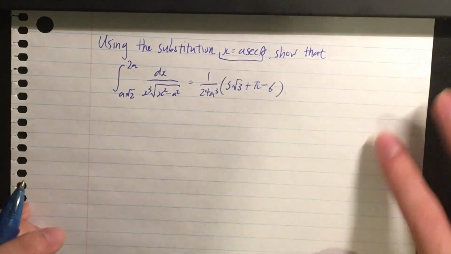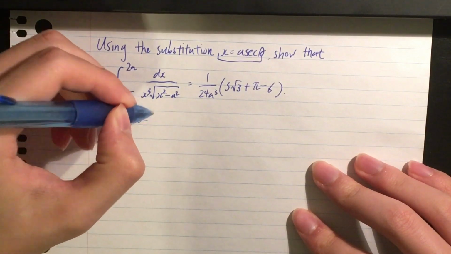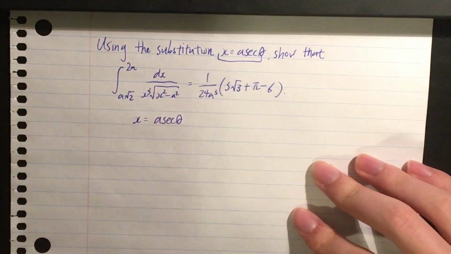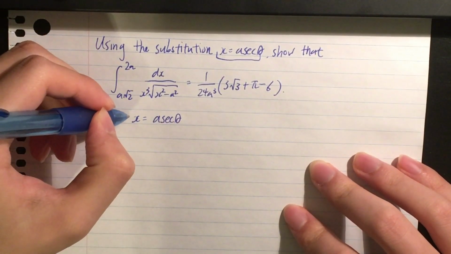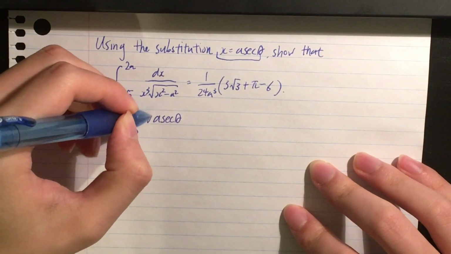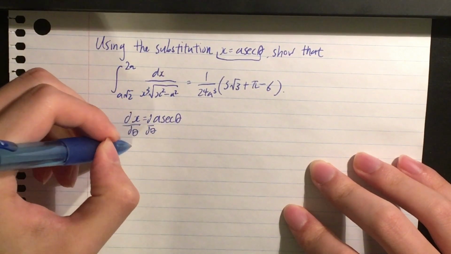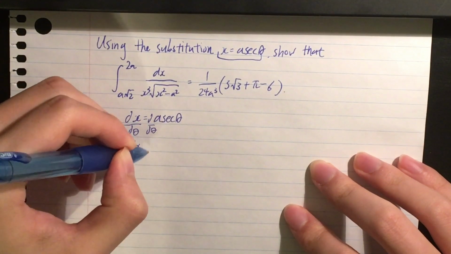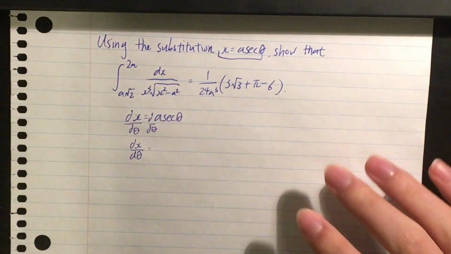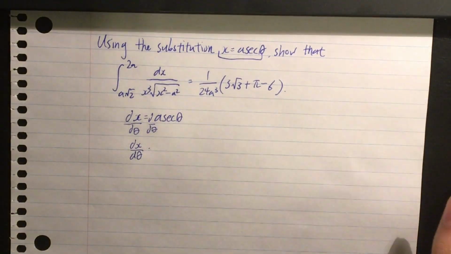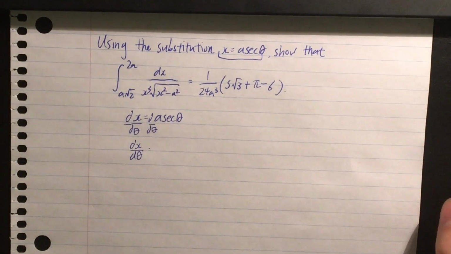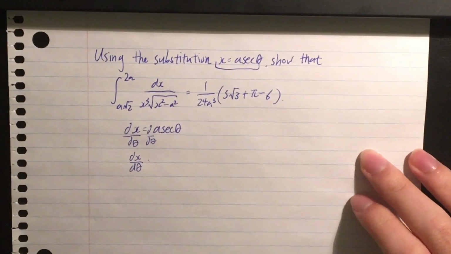So the first step is to have x equals a secant theta, and we're going to take the derivative with respect to theta. And we would have dx, and this is one of those standard derivatives that you're required to know.